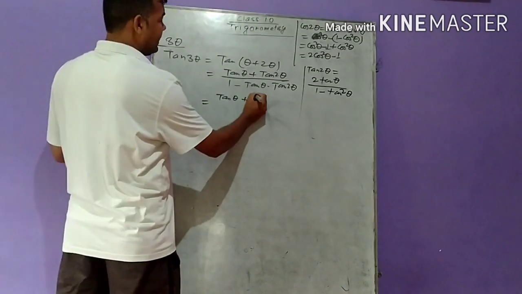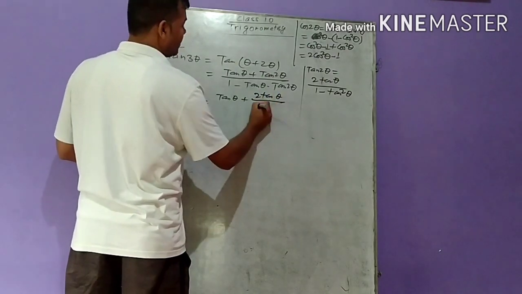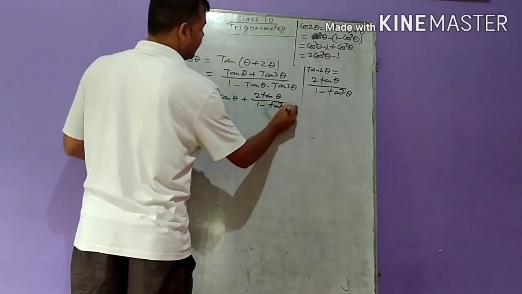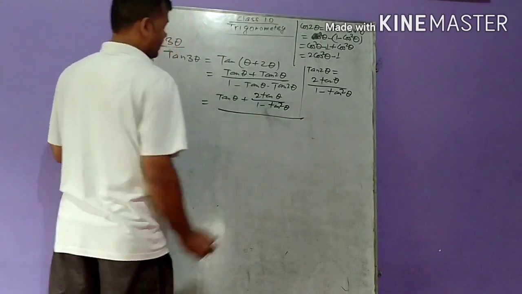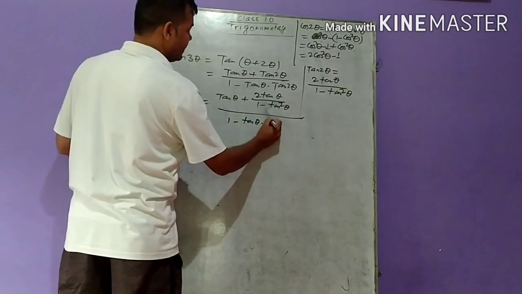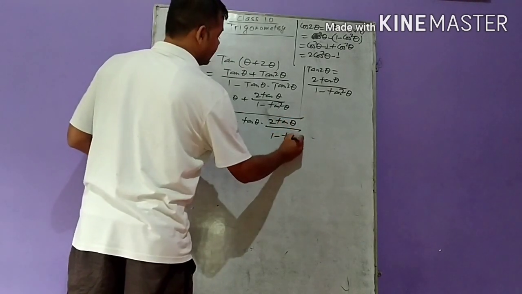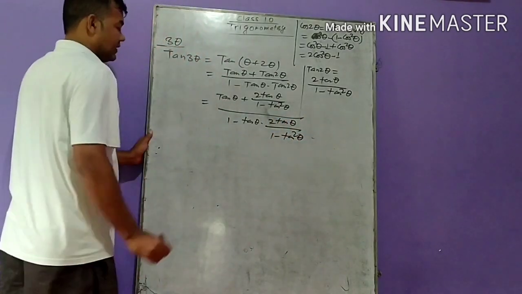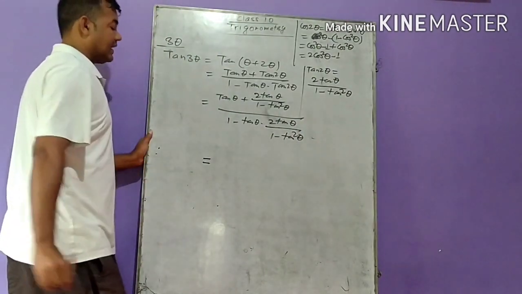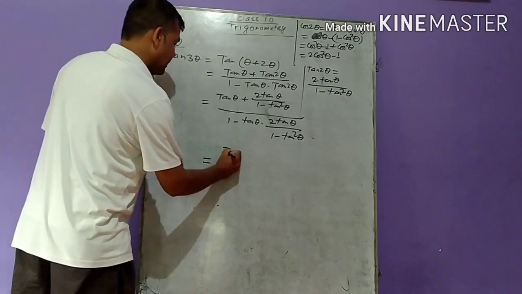So here we can write 2 tan theta upon 1 minus tan square theta. In the same way, we will write here 1 minus tan theta into 2 tan theta upon 1 minus tan square theta. So we can take LCM.